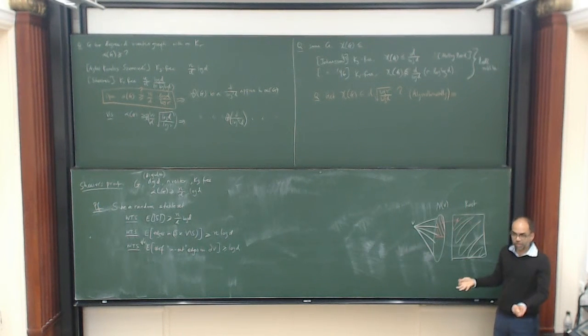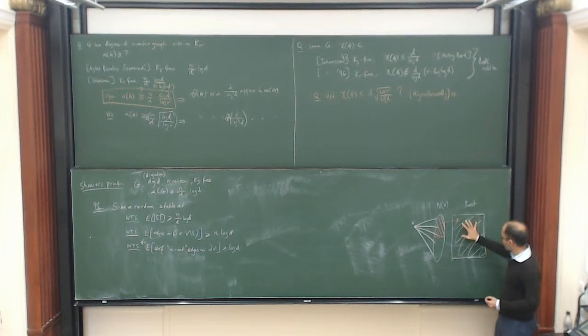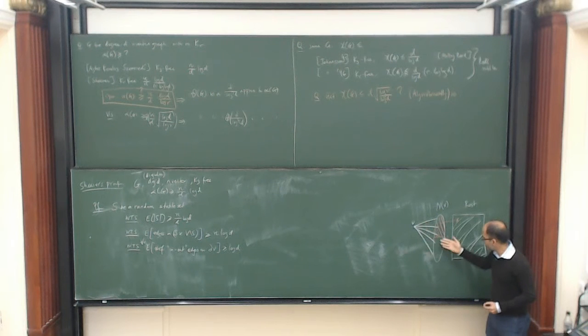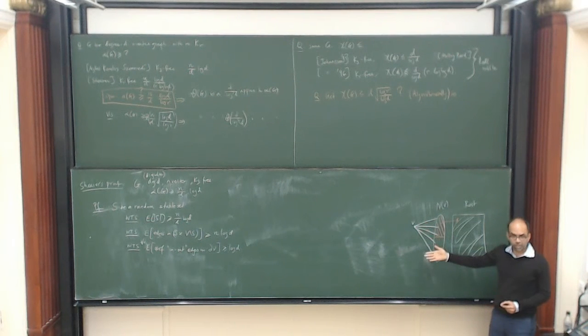Clearly, I can't pick those. So to pick a random independent set, I first pick the independent set conditioned on this part. This kills all these vertices. Now I should pick a random independent set from the remaining. We happy with that? Good.